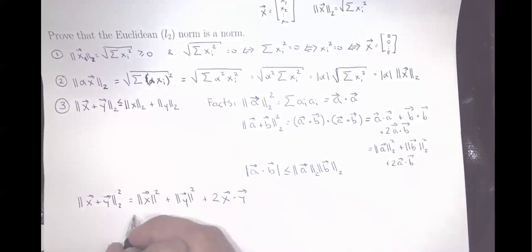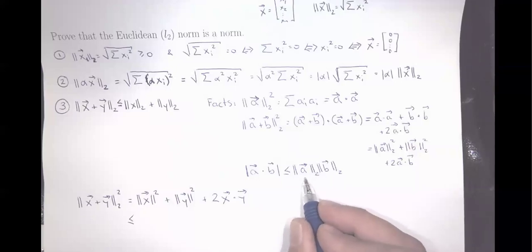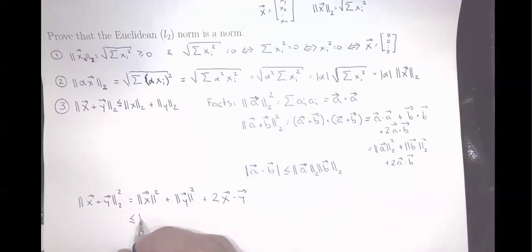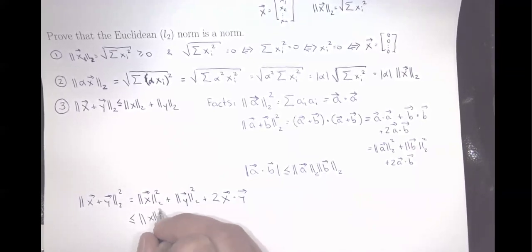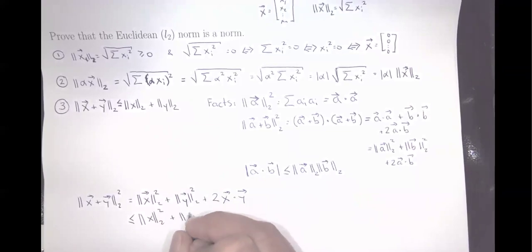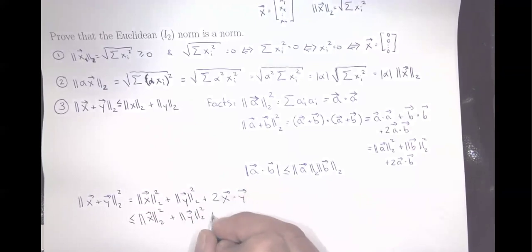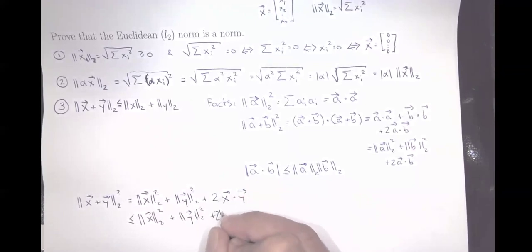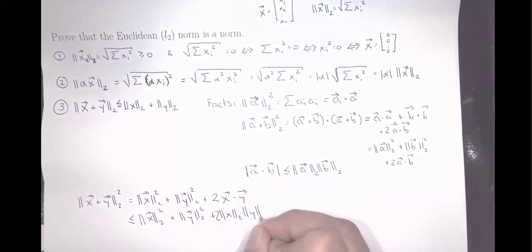And of course, 2x dot y by the Cauchy-Schwarz inequality is going to be at most twice the 2 norm of x times the 2 norm of y. So it is less than or equal to norm of x squared plus norm of y squared plus twice norm of x, norm of y.